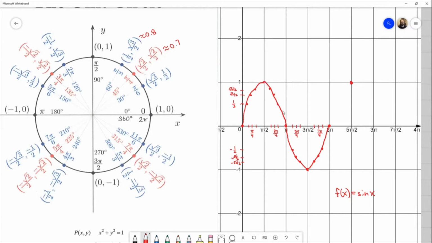On the next pi over 2, I go back down to 0. Over the next pi over 2, I go down to negative 1. And then over the next pi over 2, I go back up to 0. So when I'm drawing graphs of sine and cosine in particular, I like to find where those zeros and ones are. And then I know the rough shape of the wave that goes in the middle.